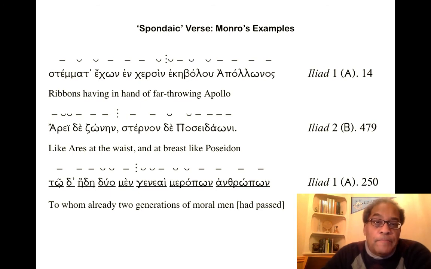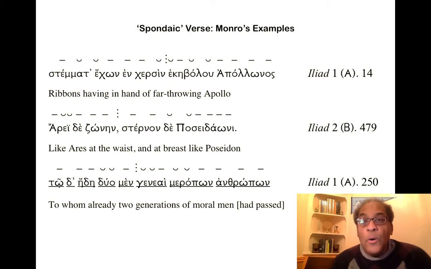The first one comes close to the beginning of the first book of the Iliad, where Homer's describing the priest of Apollo who's come. "Stematekon en kesen, hekebolu Apollonos." And so we see Apollonos.